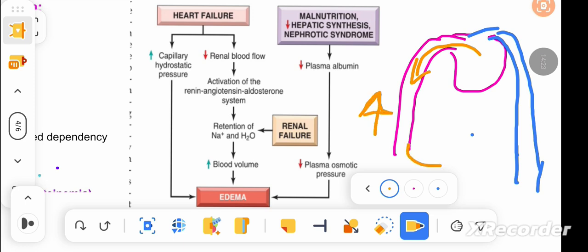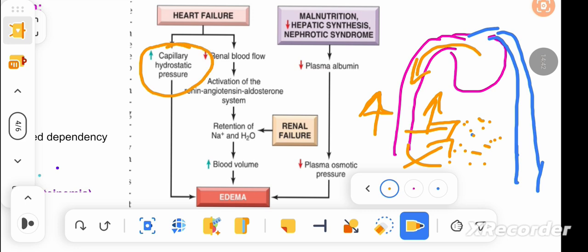That increasing hydrostatic pressure will lead to leaking of fluids into the interstitium here. So that increase will lead to what we call increased capillary hydrostatic pressure, and that increased hydrostatic pressure will lead to edema.